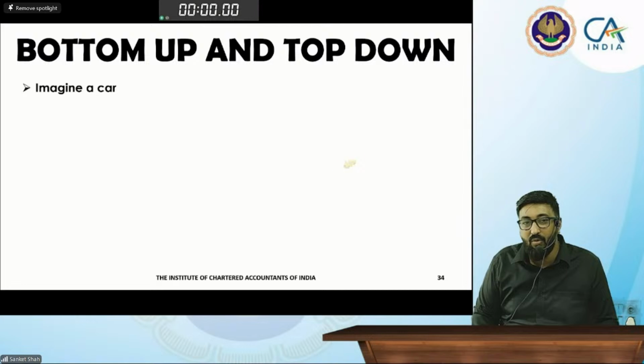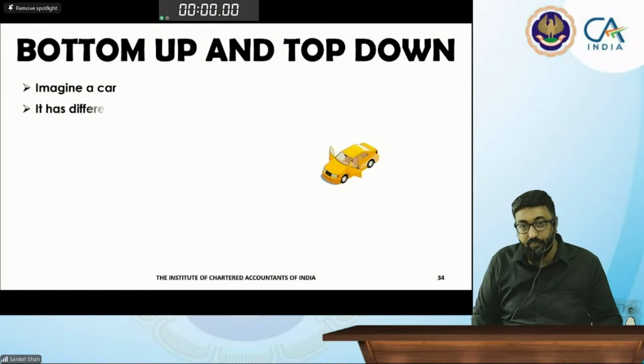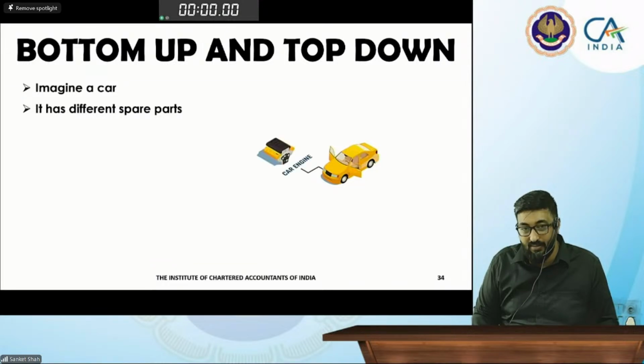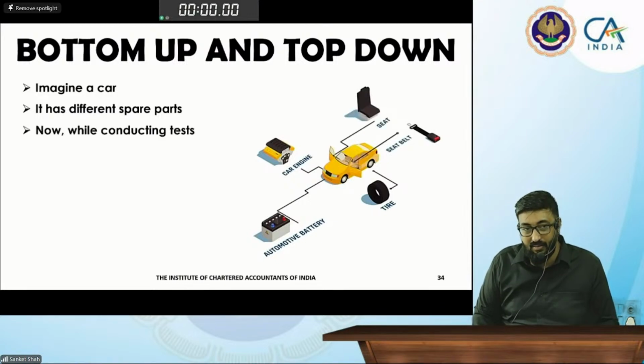And how to calculate top down and bottom up? First understand one example. Please, now it is very important. I will explain everything to you. Don't worry. See, this motor car has different spare parts. Engine, then automotive battery, tires, seat belts, seats.